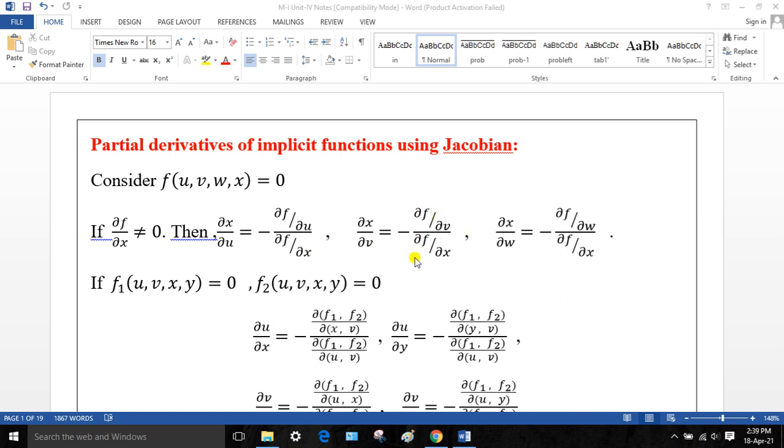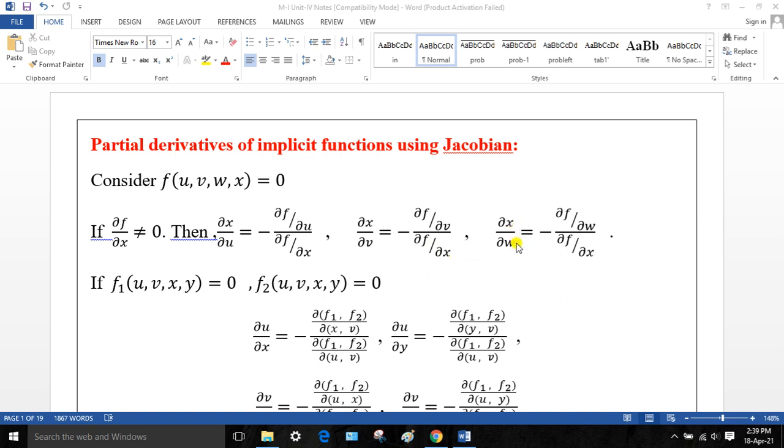I write this del f, that is the entry of the function. Now I have to write the denominator here. What is the denominator? That is del v. So I just copy this del v here. So del v upon, and the numerator is del x. So I write here del x.